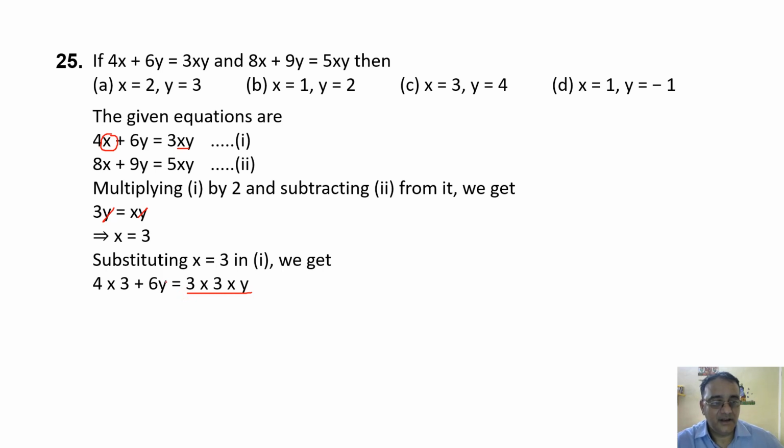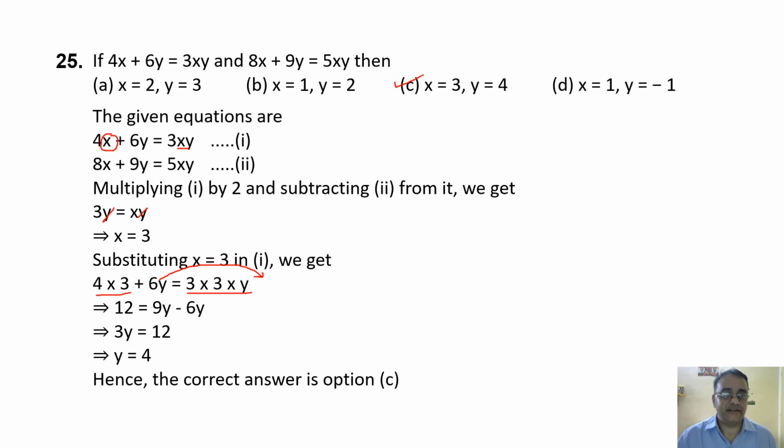Okay. So you can shift 6y to this side, minus 6y, and this is 12. So 12 is equal to 9y minus 6y. And 9y minus 6y is 3y is equal to 12. So what is the value of y? 4, right. So which option is the correct one? Option C. Option C, right.